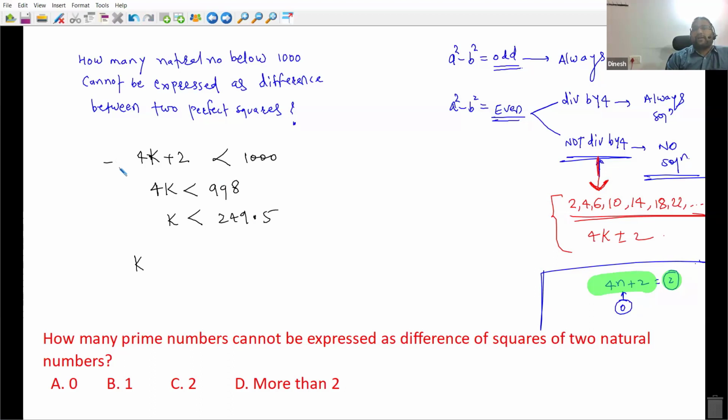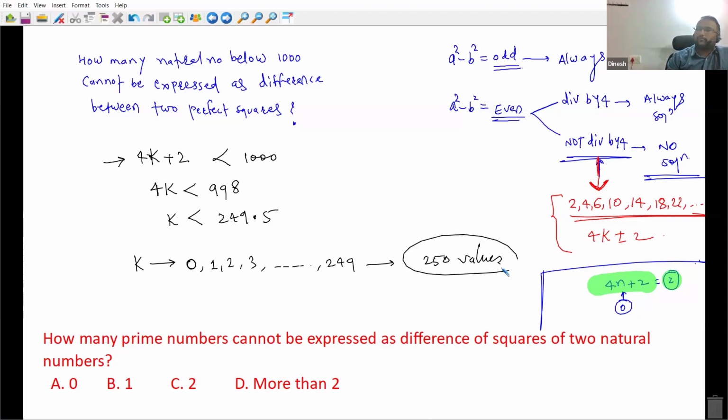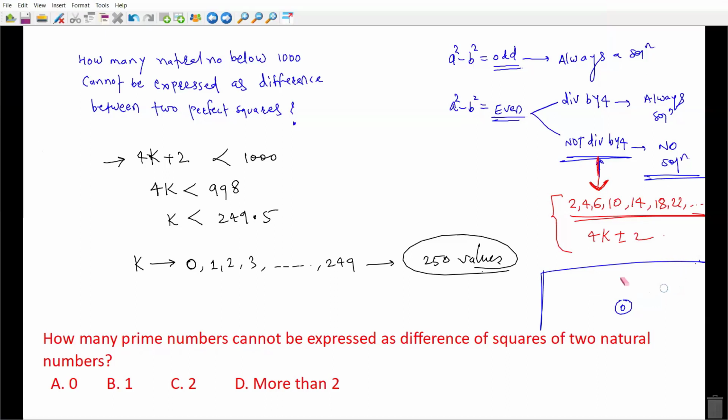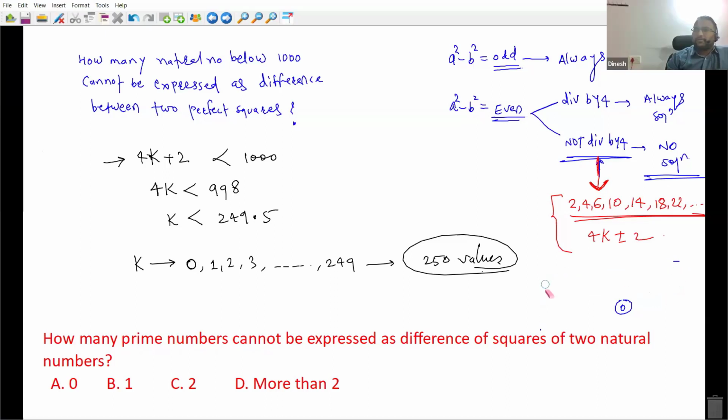The smallest possible value k can take is how much? 0. Then 1, then 2, then 3, and the largest possible value k can take is 249. So the count is 250. Are you getting this? Yes, sir. Both methods are the same method. Nothing different.